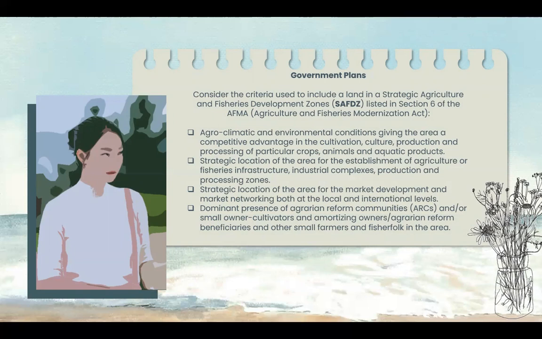Number 3 is strategic location of the area for market development and market networking both at the local and international levels. And of course, number 4, dominant presence of agrarian reform commodities, or ARCs, and or small owner cultivators and amortizing owners, agrarian reform beneficiaries, and other small farmers and fisherfolk in the area. So these are under the government plans.